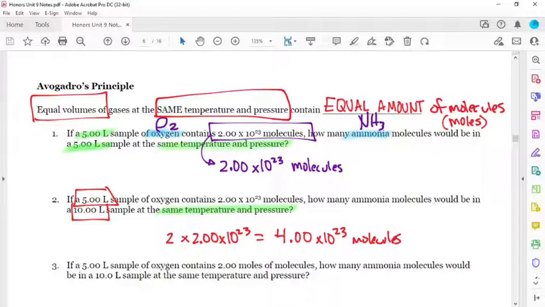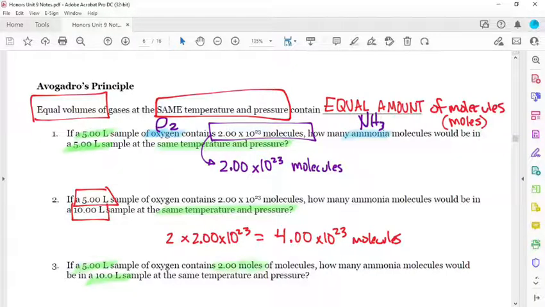And like we said up above, we can do this with specific numbers of molecules, but we rarely care exactly how many molecules we have. We have the unit of moles for a reason, because that's our standard unit to count the amount of molecules that we have. So if we still have these containers, 5 liters of oxygen, 10 liters of ammonia, I would still expect twice as many molecules in my 10-liter container.